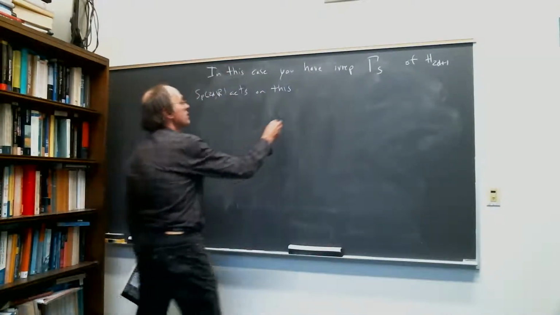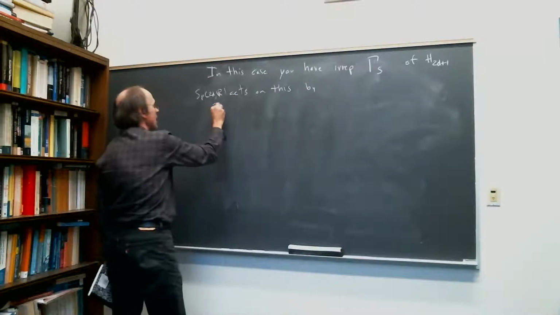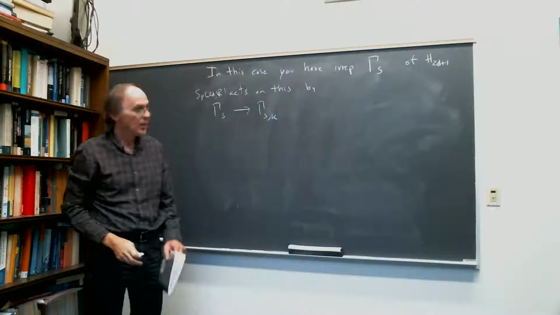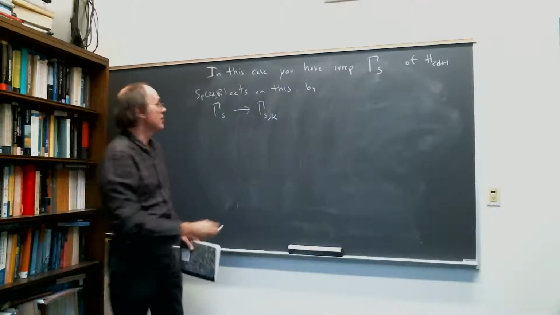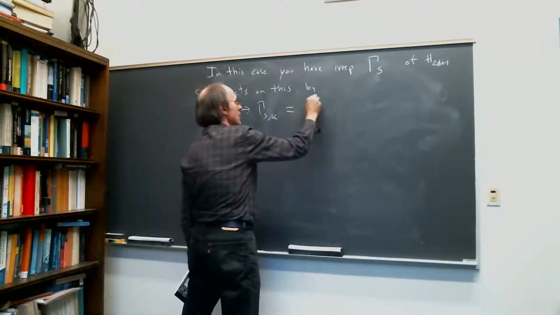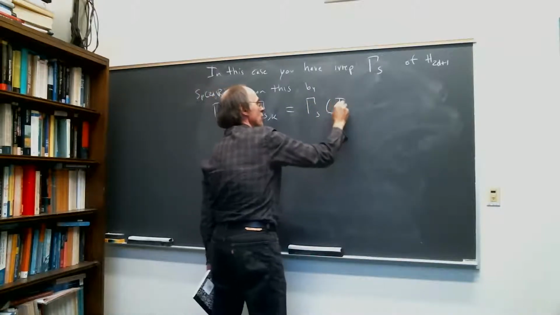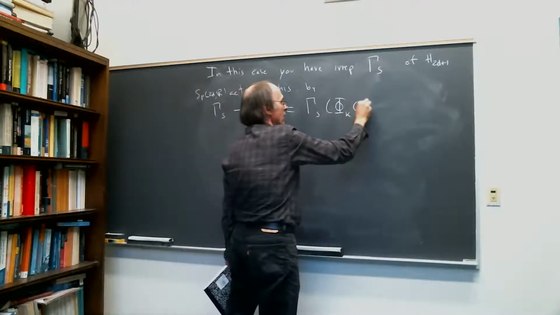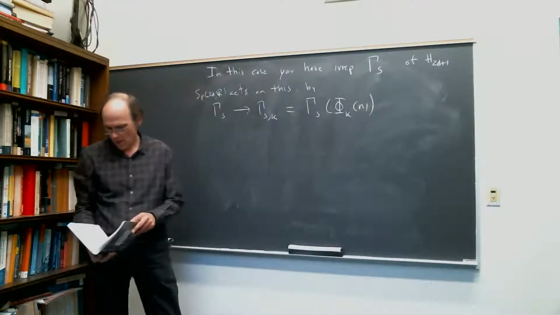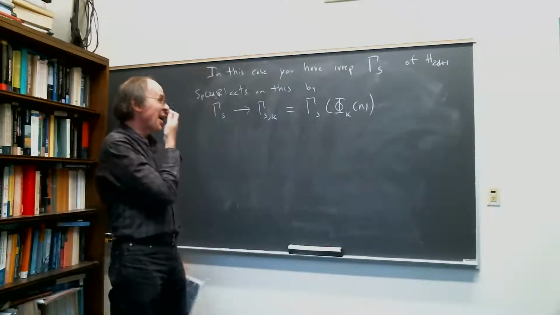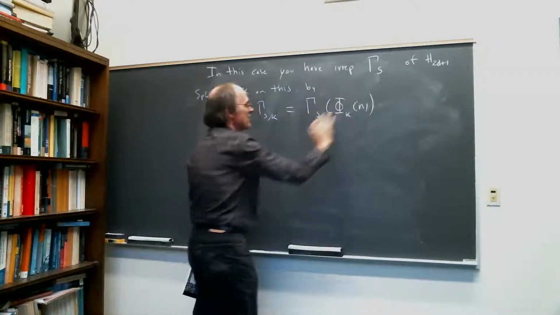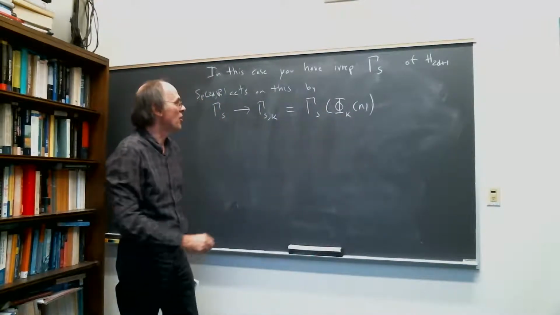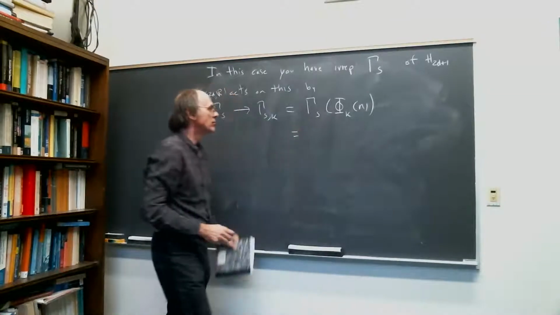It takes gamma S to something I'll call gamma S, comma K, which is gamma S with this automorphism coming from K applied to whatever your element of the Heisenberg group is. It's very hard to work with this and say what it is. But what you know is that this is okay.